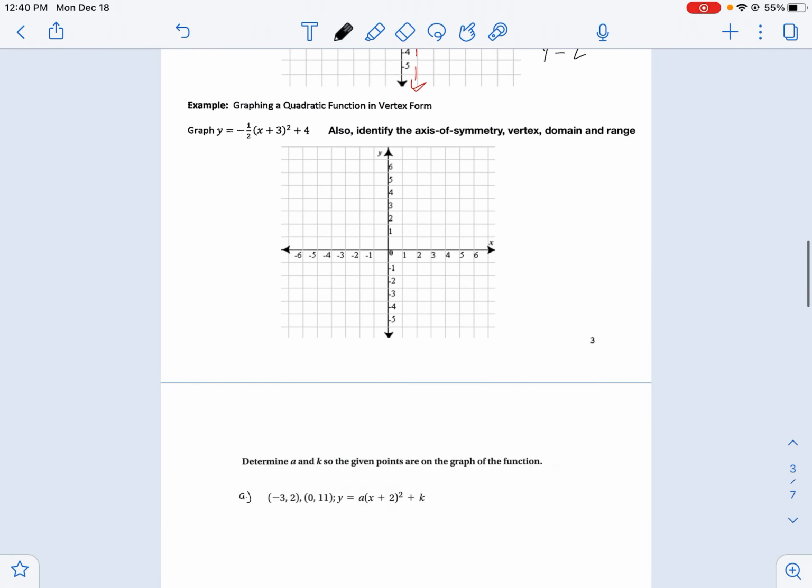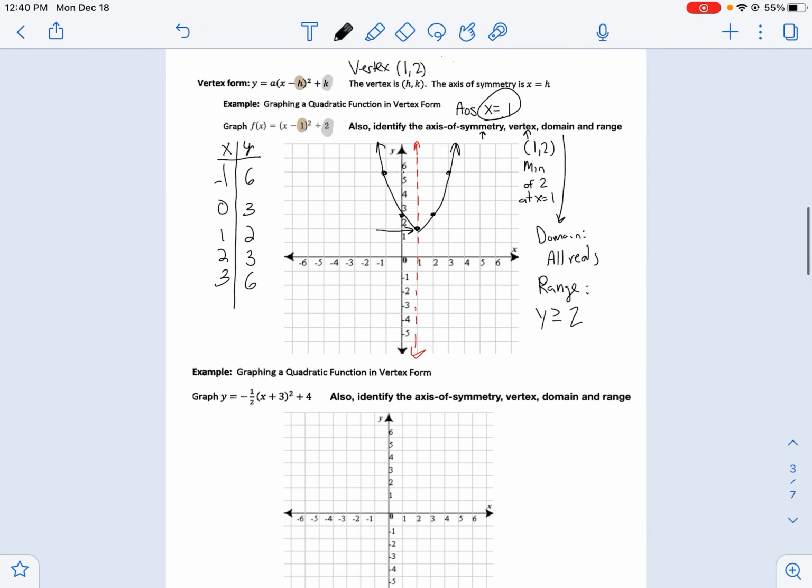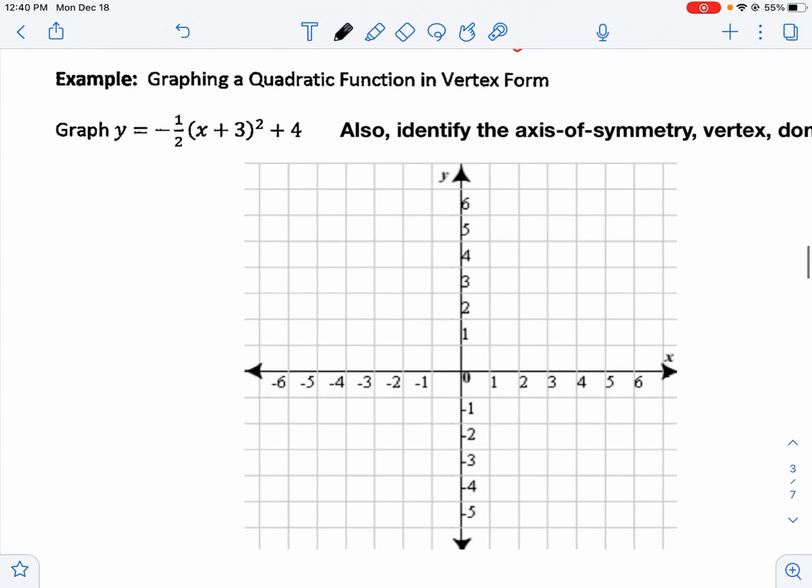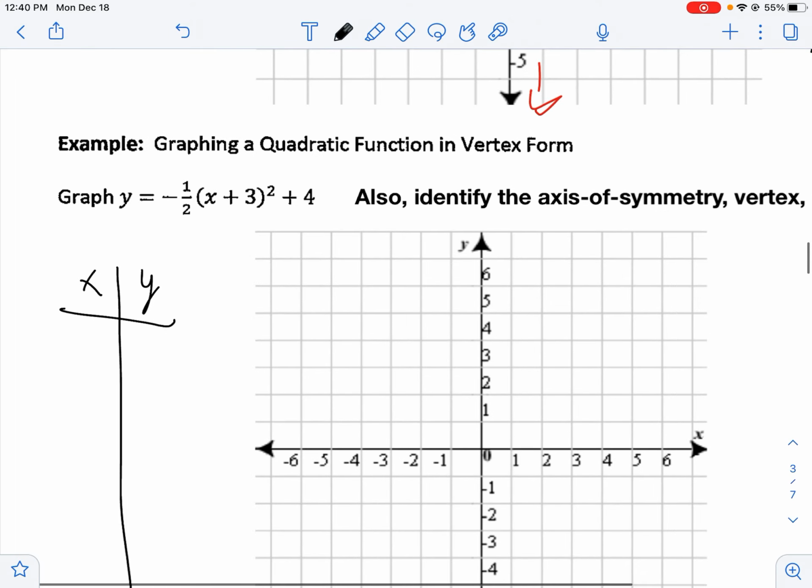All right, let's do one more here. So we can tell from before, remember this, y equals a(x minus h) squared plus k. So we know the vertex over here, see how this is plus 3?